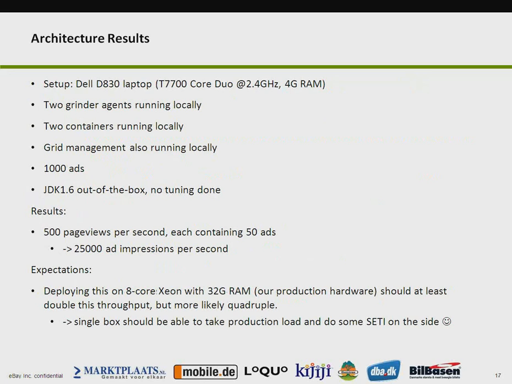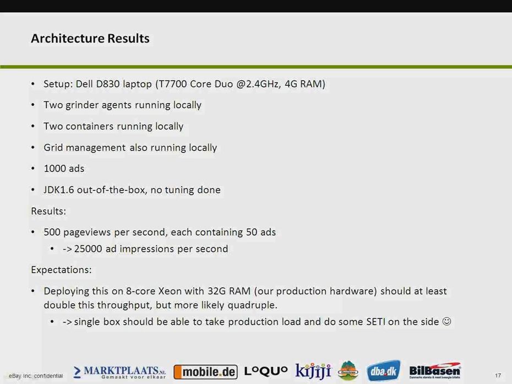So, some results quickly of where we are now. As soon as we had all the components in place, like click impression tracking and our click fraud protection program, I did some testing on my laptop, which is a Dell A30, a Core Duo, 4 gigs of RAM. Everything was local.